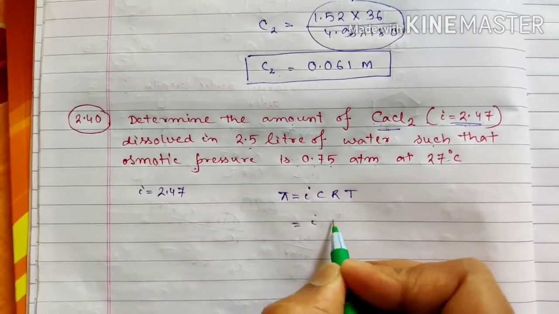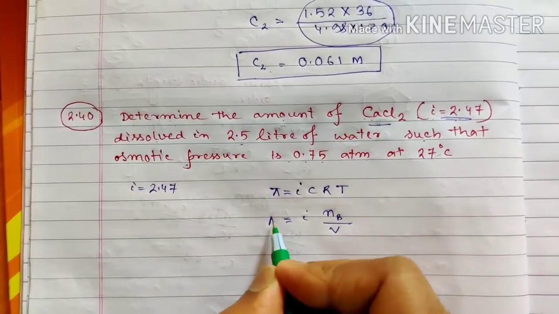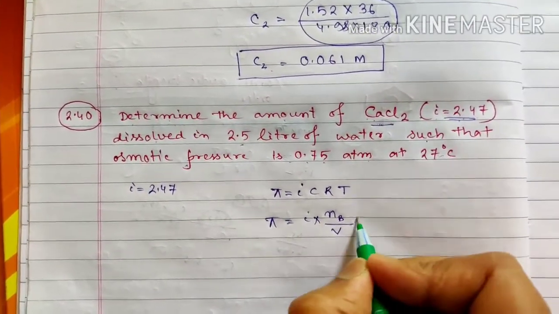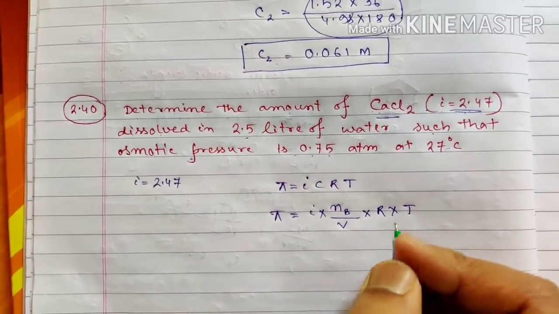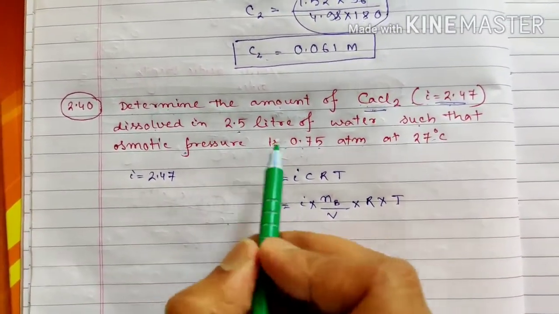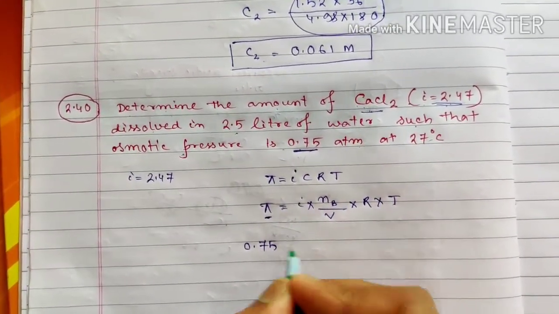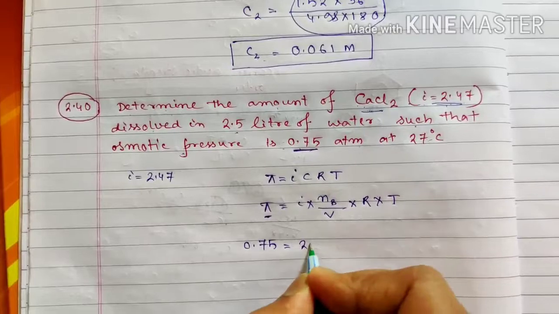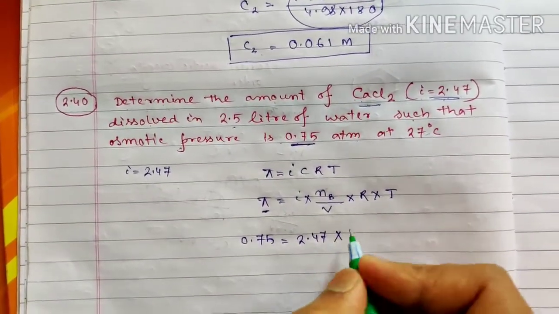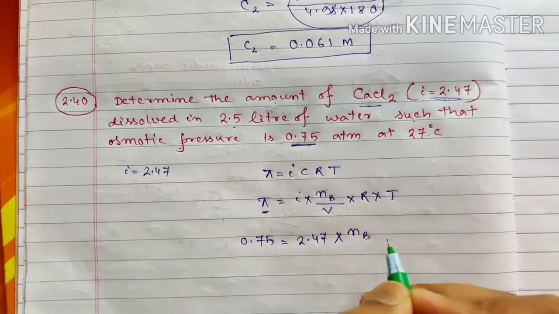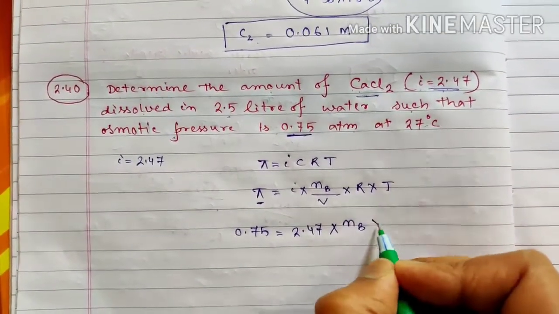So pi will be equal to i into nB into R into T. This value should be 0.75 atm. So it should be 0.75 is equal to 2.47 into nB. It is the number of moles of solute that is to be dissolved. That is the question, so the answer is not known.